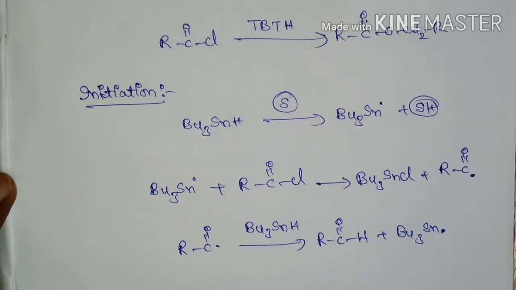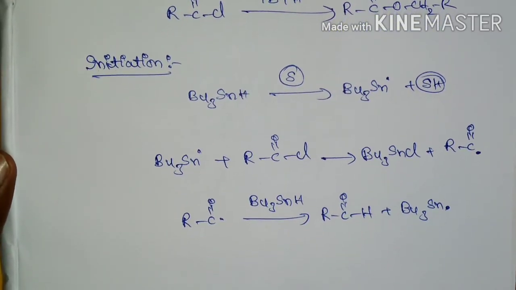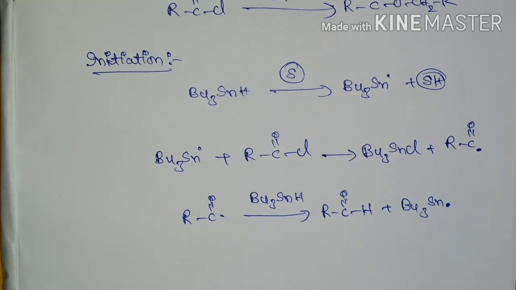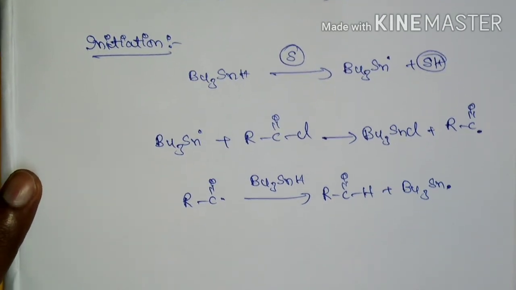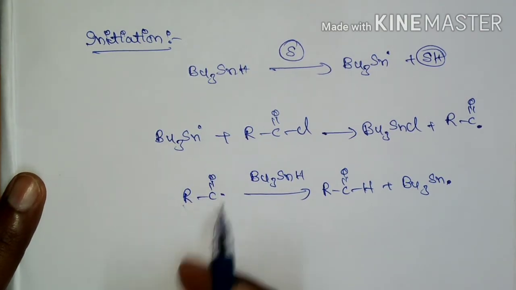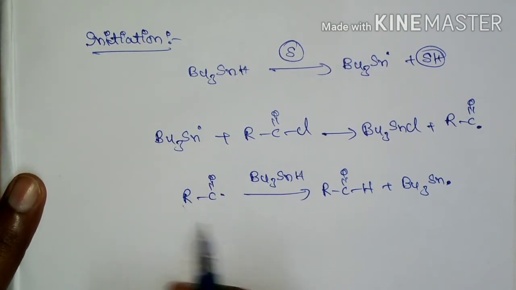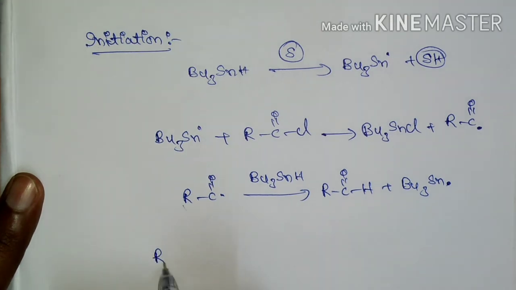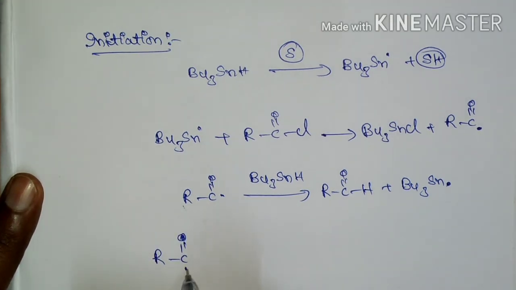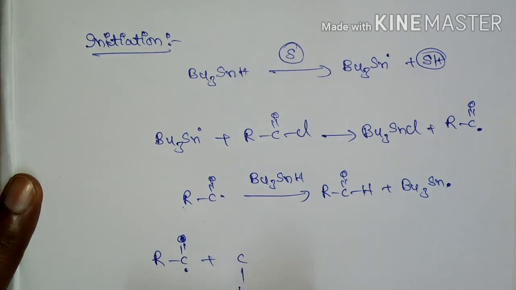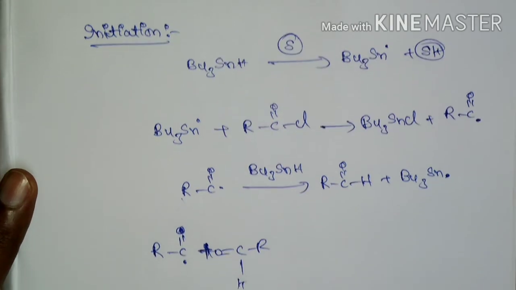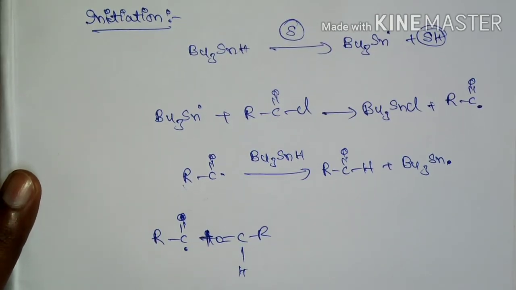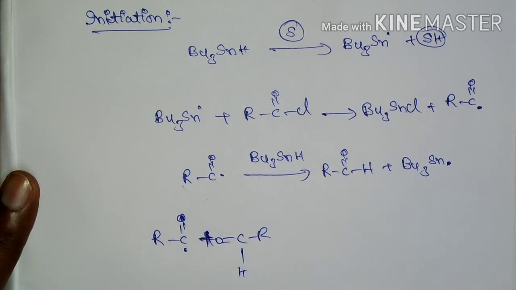But in the reaction medium we have plenty of acid chlorides, and as we know, these acid chlorides are very reactive. So whatever acyl free radical is formed will once again react with the aldehyde formed, because this acyl free radical is more reactive, and aldehydes are also reactive.